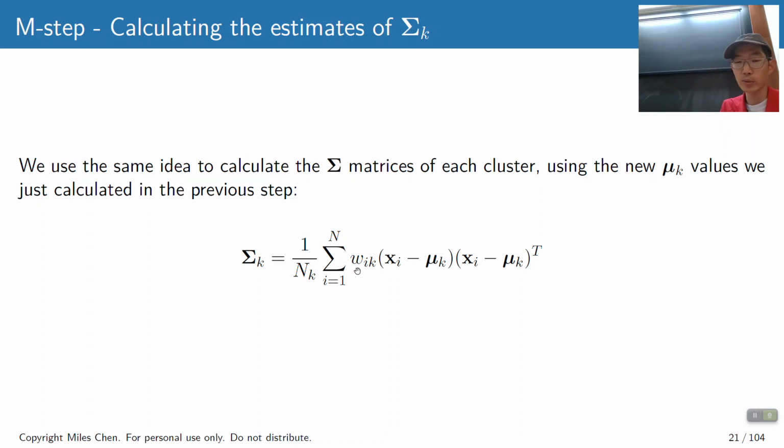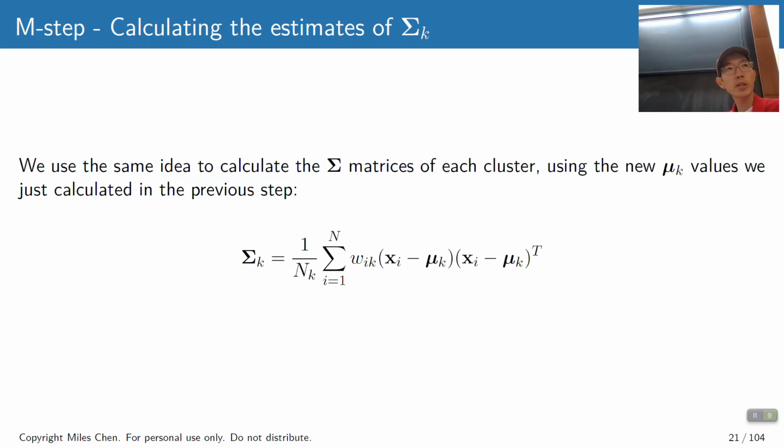And so we're going to weight each of these products using w sub ik, and then we divide by n sub k, again being the sum of the w's. So we get a weighted version of the variance covariance matrix for each cluster. So you're going to get it for cluster 1, cluster 2, and cluster 3.